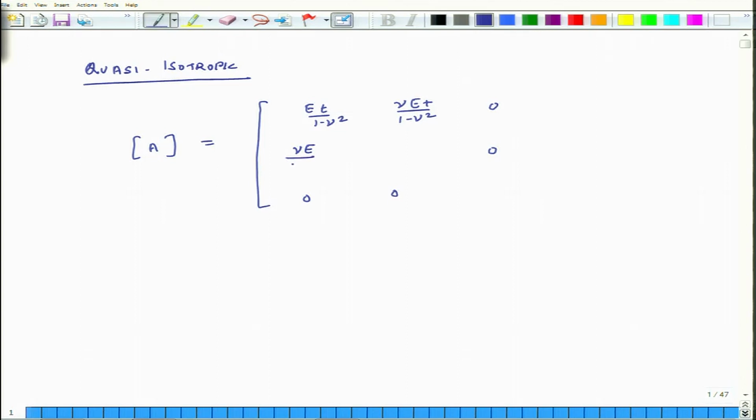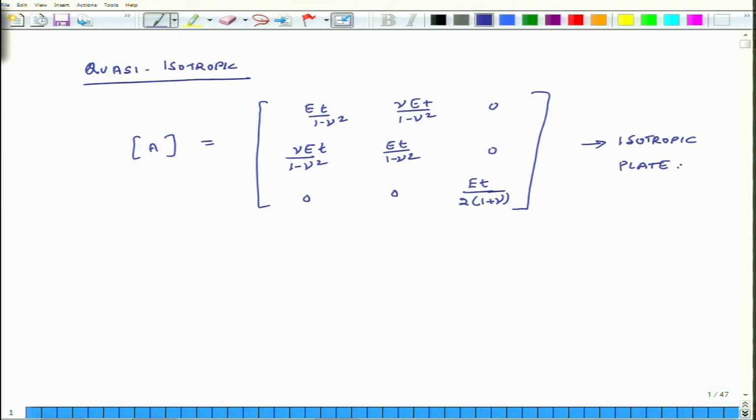So, nu E t over 1 minus nu square, and this is E t over 1 minus nu square, and finally, the last element is E t divided by 2 into 1 plus nu. So, this is the A matrix for an isotropic plate.